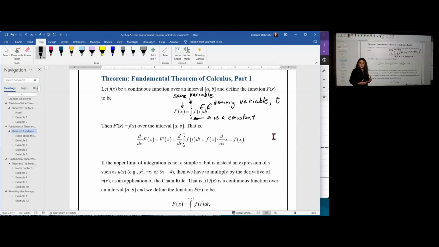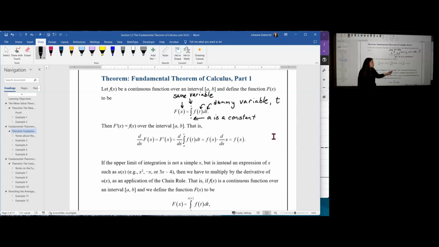As I said, it is an antiderivative, but the form of this particular integral looks more like a definite integral, with the exception that we do not have a constant value for the upper limit of integration. When we say that the derivative of uppercase F is equal to the function, we can say then that this must be the derivative of this integral from a to x of f of t dt.